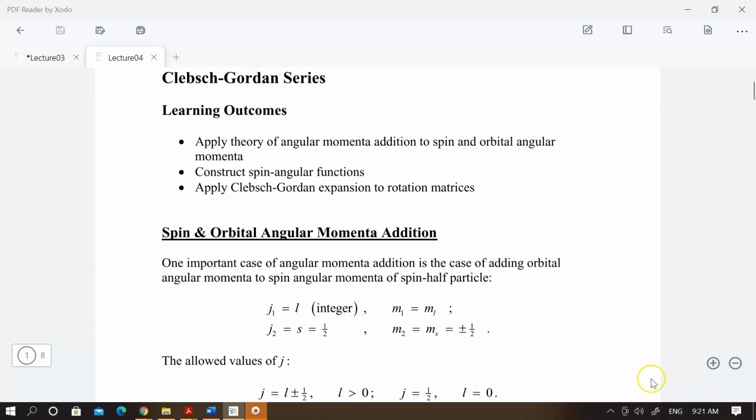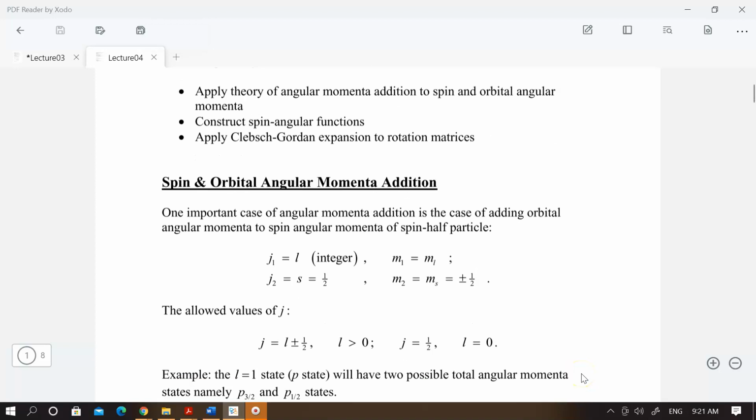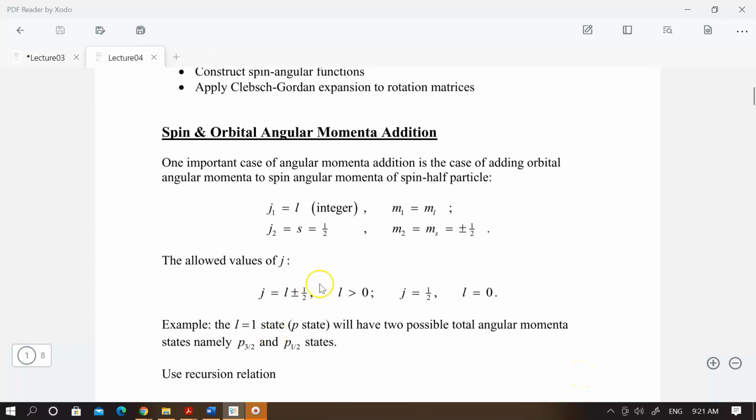So your total angular momentum, in other words, what would it have? It would have these two different possible values. Remember that your values can range from j1 plus j2 until j1 minus j2, but there are only two values of j2 that you can have.